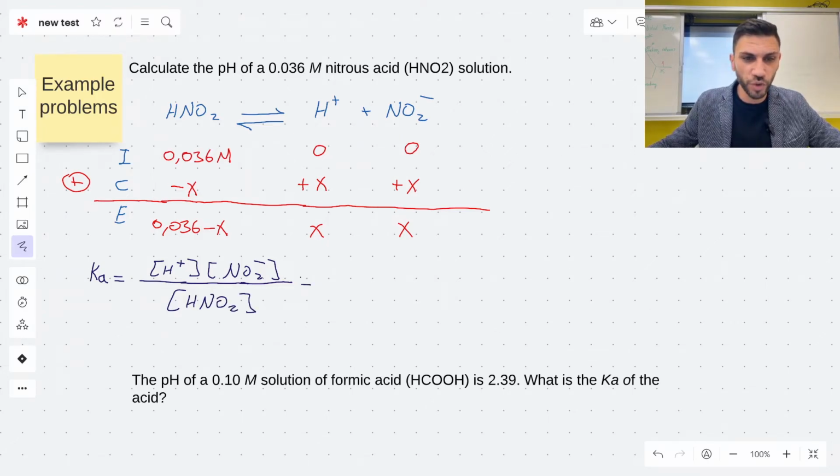That equals the concentration of H positive, which is X, multiplied by the concentration of NO2 negative, which is also X, so it's X squared, divided by the equilibrium concentration of HNO2. Never make this mistake: we don't write the initial, we write the equilibrium. So it's going to be 0.036 minus X, and that's it.